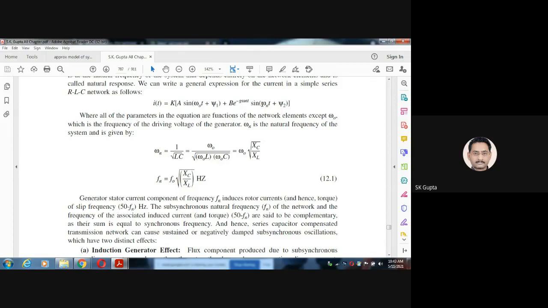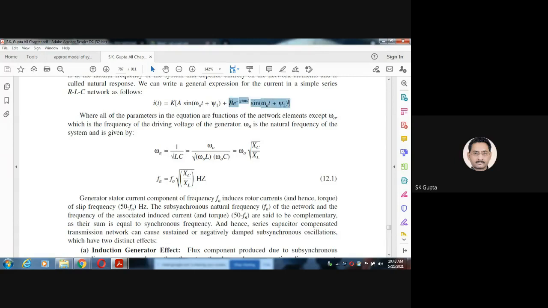This signal can be a mechanical signal or an electrical signal in the system. The whole system is very big. When this system gets resonance with other signals available in the system, then the resonance occurs. When this signal interacts with the other signals present in the system, then we call it resonance.